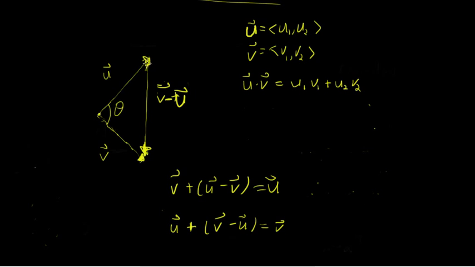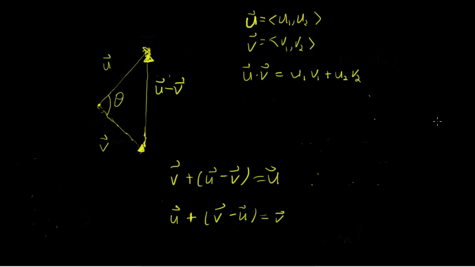So you add u, then you add v minus u, and you'll get vector v. But let's go back and consider vector u minus v. Its tail would be here, and its tip would be here.